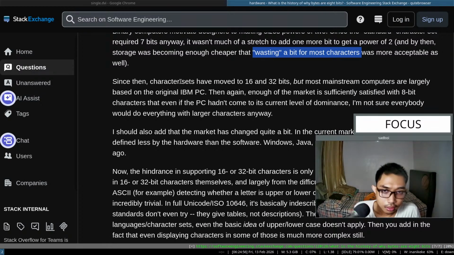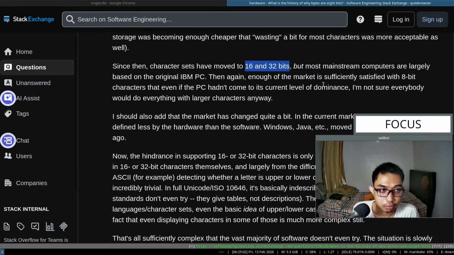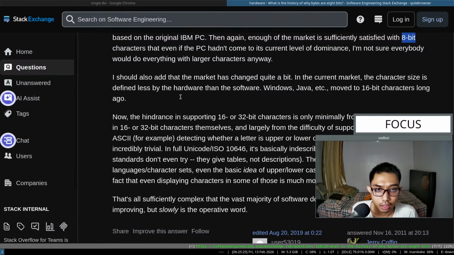Since then, character sets have moved to 16 and 32 bits, but most mainstream computers are largely based on the original IBM PC. Then again, enough of the market is sufficiently satisfied with 8-bit characters that even the PC hasn't come to its current level of dominance. I'm not sure everybody will do everything with larger characters anyway.